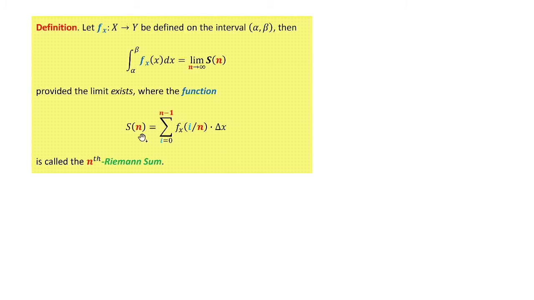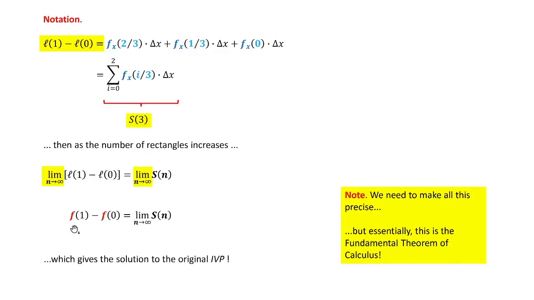That's what this says. That's how I read this. And this is called the nth Riemann sum because Riemann was presumably the guy that came up with this. So this limit is a number, and this number is this difference. It's the answer at the weather tomorrow, given the weather today. That's what this is. This is real. This is how we do this.